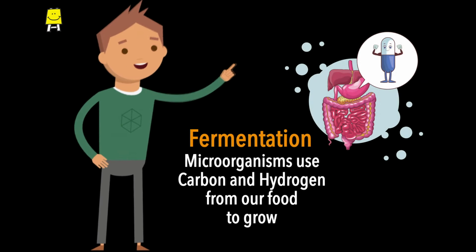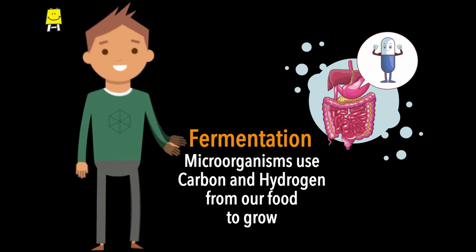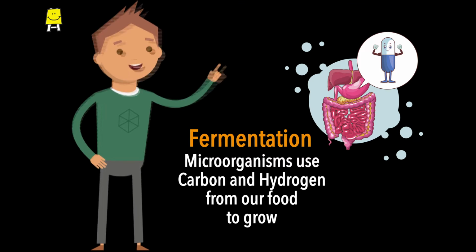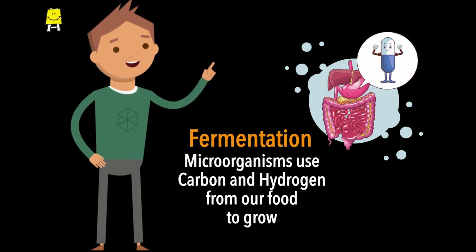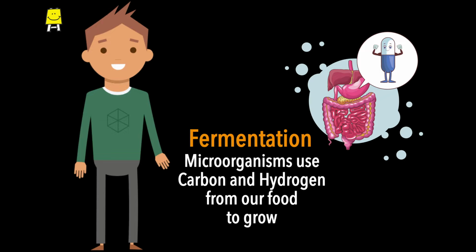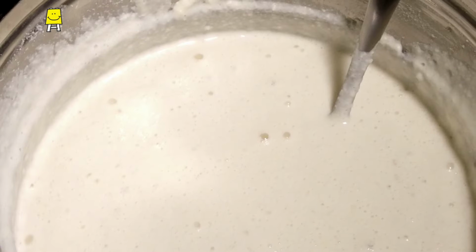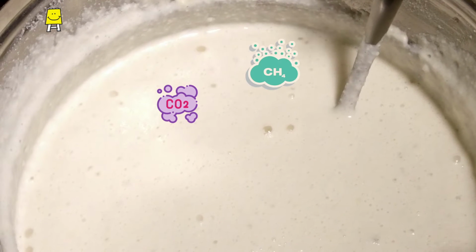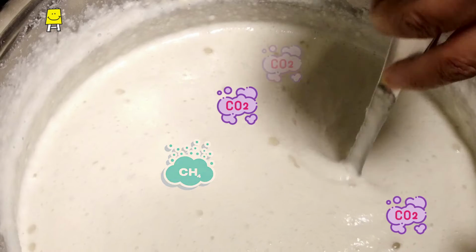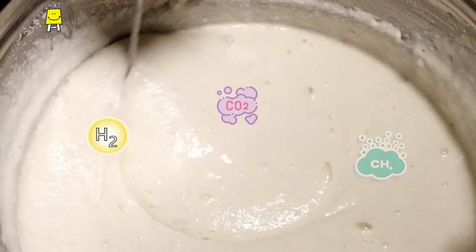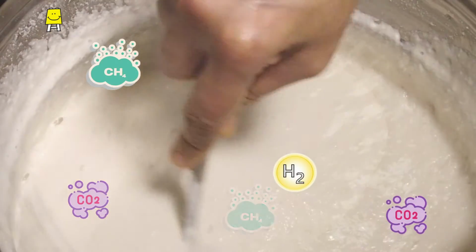The microorganisms in turn use the carbon and hydrogen from our food as nutrition for their growth. Gases like carbon dioxide, methane, and hydrogen are produced during this process of fermentation.